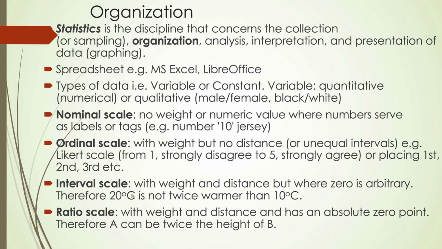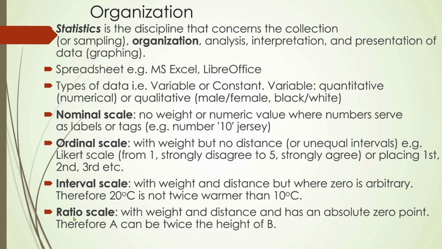So there is weight and distance among the temperatures. However, because the zero is arbitrary, you cannot say that 20 degrees Celsius is twice as warm as 10 degrees Celsius. So that represents an example of an interval scale.